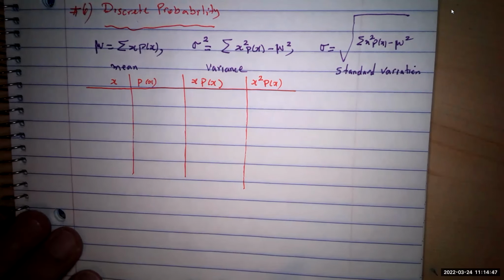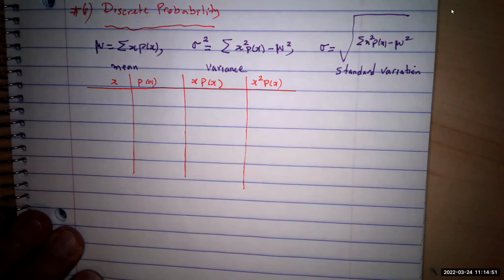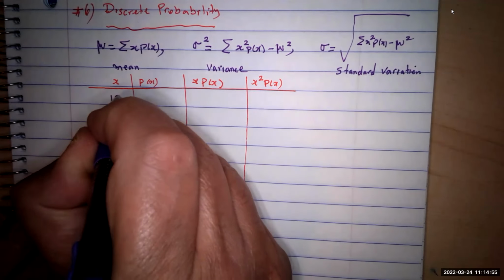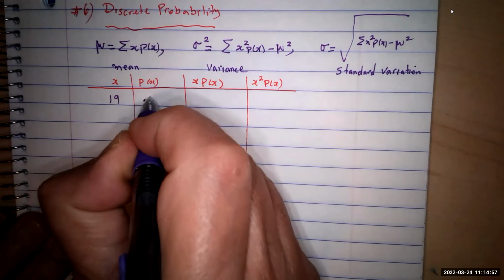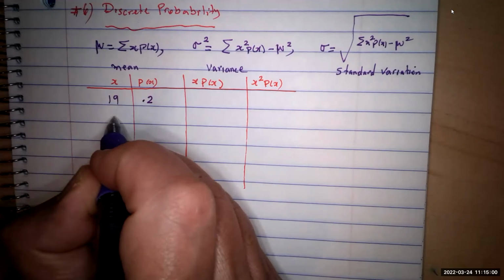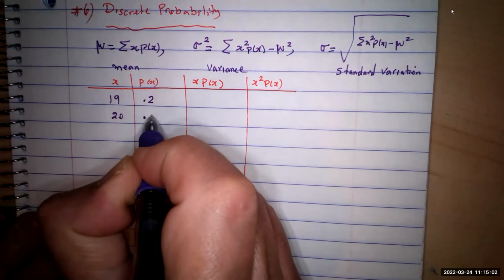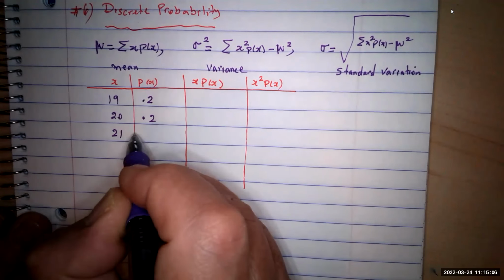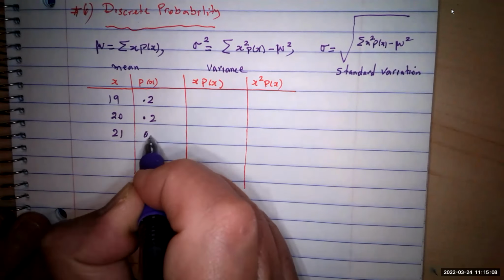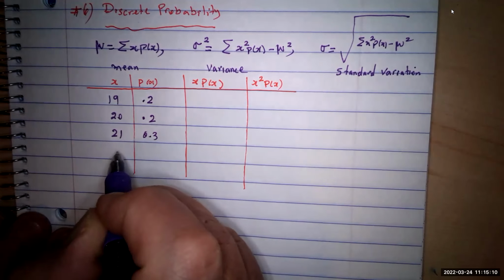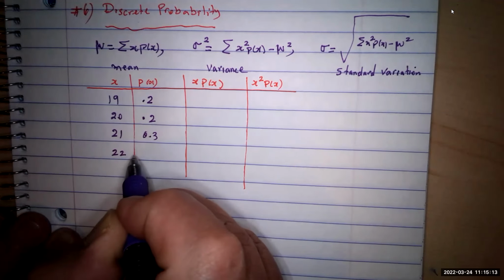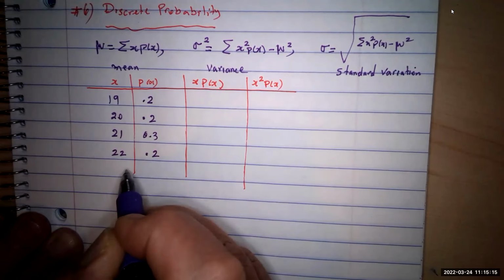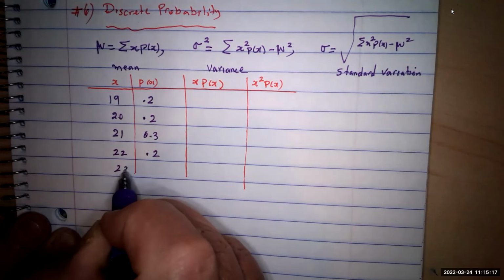The number of speeches that the guy has, I think that was about the speeches. So X equal to 19 is given to you at 20%. The chance that he gives 21 speeches is 0.3, 30%. 22 is 20%. 23 is 10%.